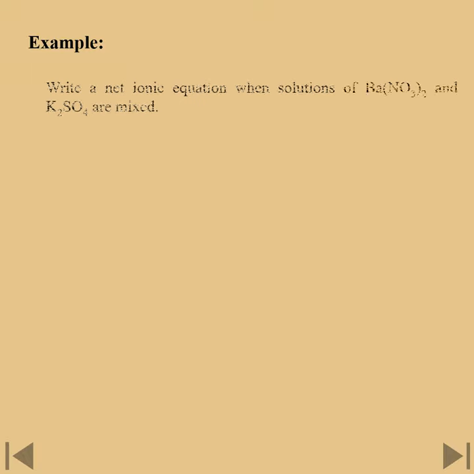Let's do an example. We're asked to write a net ionic equation when solutions of barium nitrate and potassium sulfate are mixed. Well, step 1, we write the formulas of the species in solution. So in a barium nitrate solution, we have separate barium ions and nitrate ions. And then in potassium sulfate, we have separate potassium ions and sulfate ions. There's step 1.